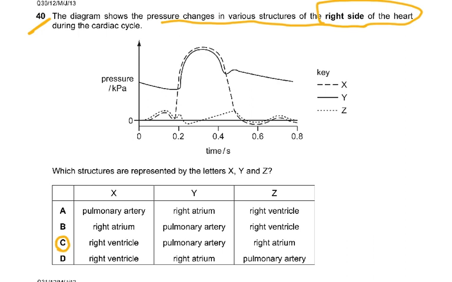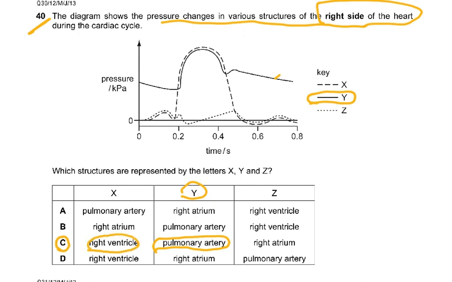Previous diagrams were on the left side of the heart. So this I used to tell you was the aorta, but the aorta arises from the left ventricle. Which vessel arises from the right ventricle? So Y has to be that one, and that has to be the pulmonary artery. And then this has to be X, the right ventricle.